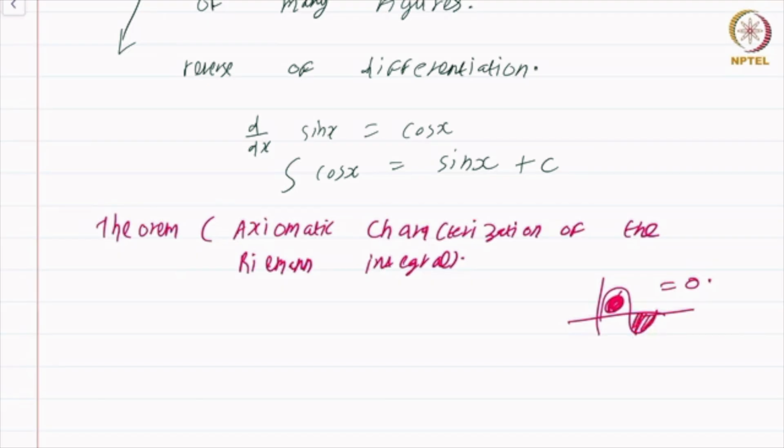Why we are considering areas to be negative when you come to Riemann integrals will become very clear. It makes the theory a lot simpler. Anyway, you can make it compute the actual areas by doing simple things. So this Riemann integral is supposed to measure the area under the graph of a function.